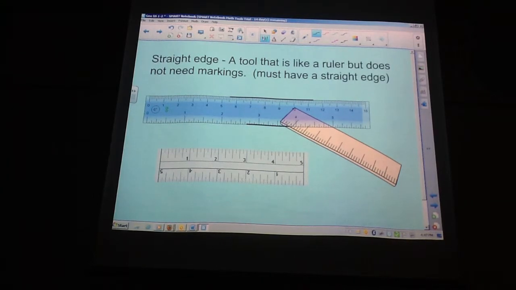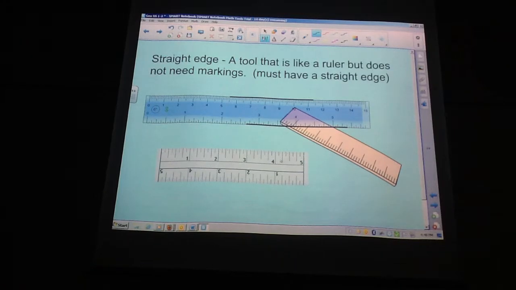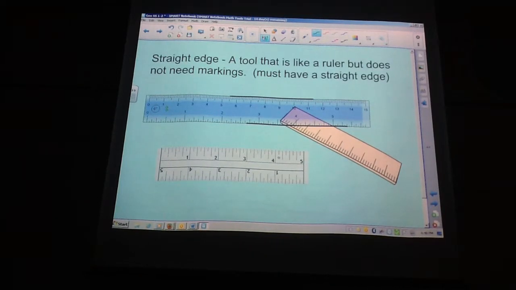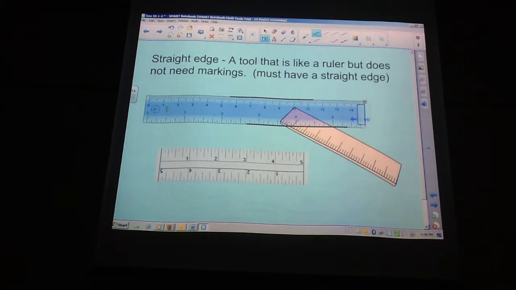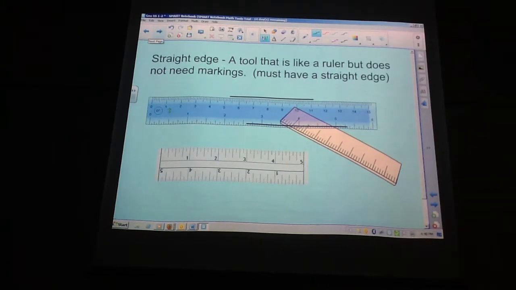So if you get it close, it's going to assume that you're wanting to mark that ruler's edge. And if you just hold your left mouse button down as you move it across there, it's going to mark a segment for you. So practice doing that a little bit. You can also turn the ruler or move it bigger or smaller as necessary. So play around with it until you get used to it at this time.